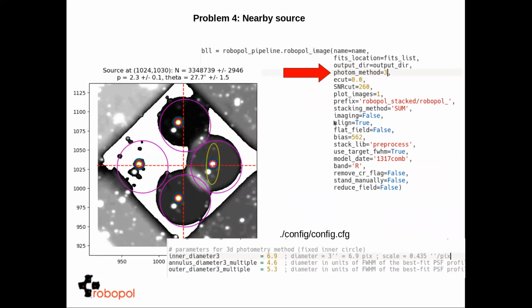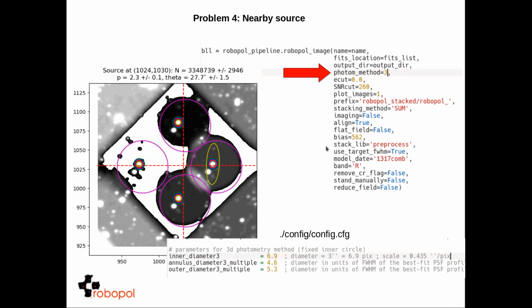Problem number 4 that you can meet is a nearby bright source next to your source of interest in the mask. This is one of the sources from Pablo's X-ray binary program. This is the source of interest, and there is a nearby star of very similar brightness.